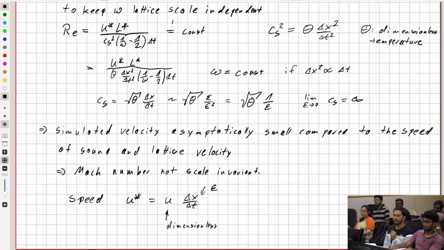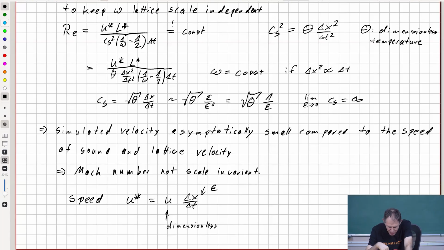Now delta x and delta t, if you do the translation, are of course physical units. The idea behind this is we express this u in terms of delta x and delta t.